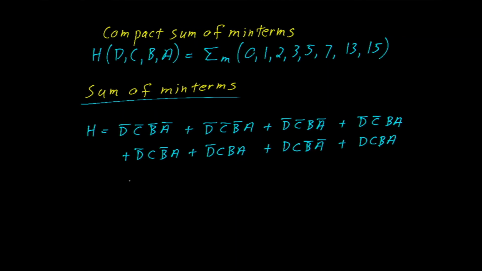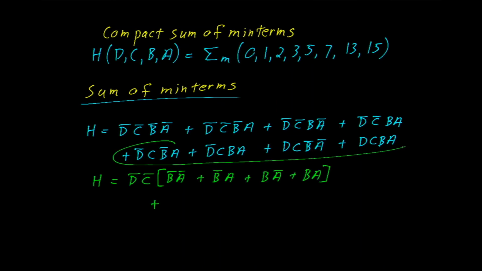Since we've already worked this problem a couple different times, I think you already know where we're headed. We can simplify this equation by factoring out D naught, C naught. So that's this term, this term. Next, we're going to look at these minterms, and we're going to factor out CA.